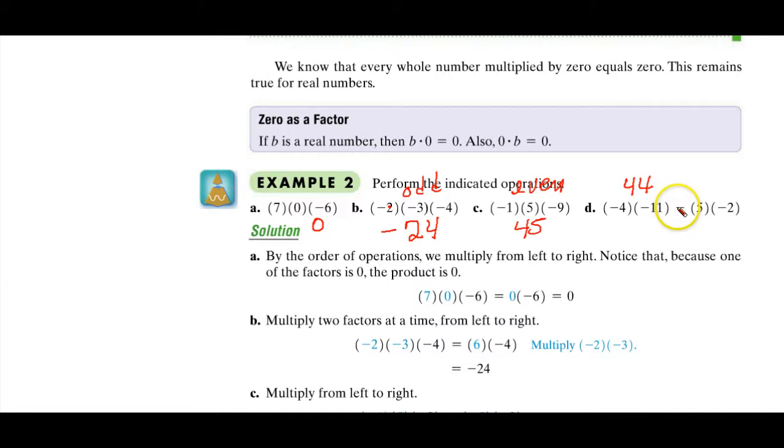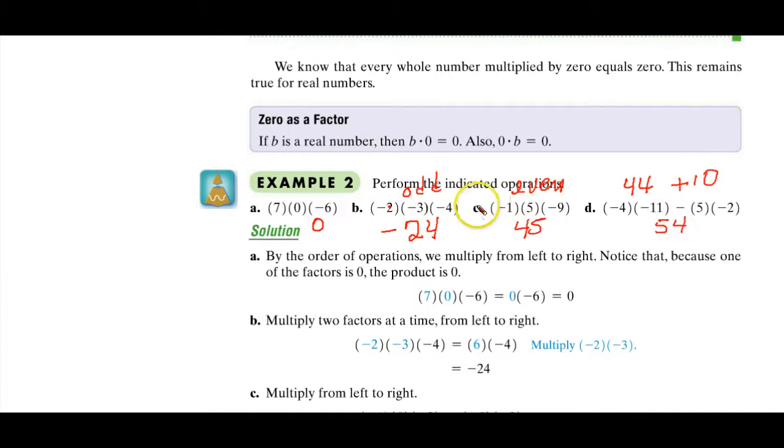Now, in a sense, this is a negative 5 times a negative 2, so this becomes a positive 10. And again, you could have done this as a negative 10, and then the opposite of a negative 10 makes it a positive 10. So this one is 54.